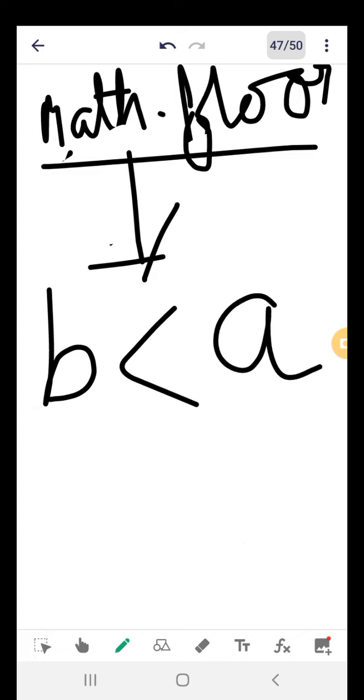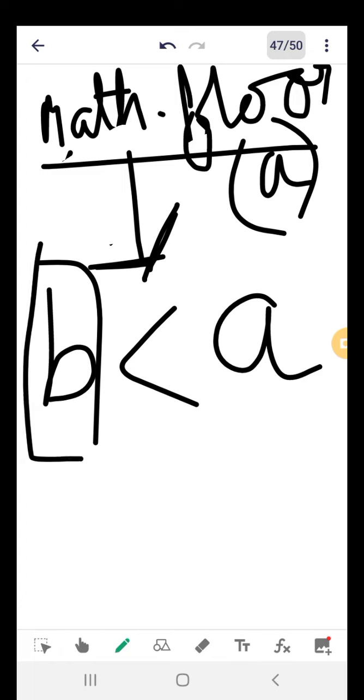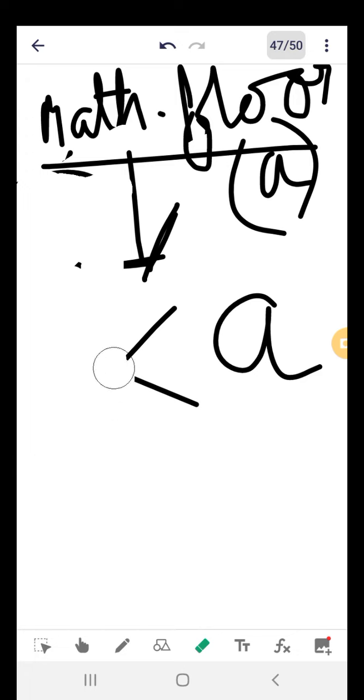Inside that function the argument is A. So if the returned value is B, then B will always be less than A. This is very important. Keep it in mind.